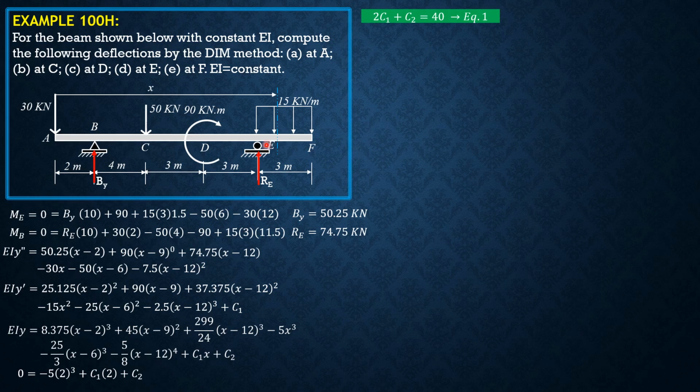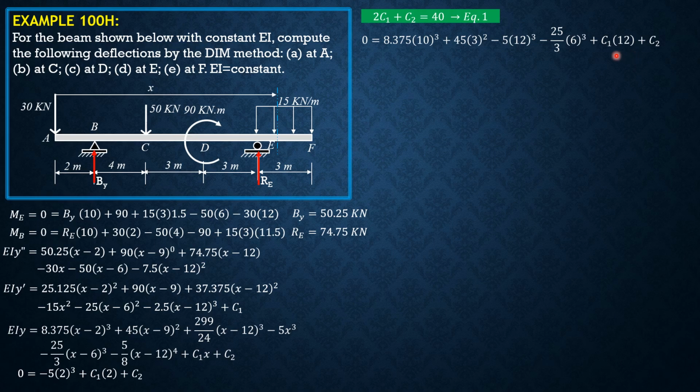Then when X is 12, Y is 0. So 0 equals 8.375 times 10 cubed plus 45 times 3 squared. X is 12, remember. This is 0, minus 5 times 12 cubed minus 25 over 3 times 6 cubed. This is 0, then plus C sub 1 times 12 plus C sub 2.